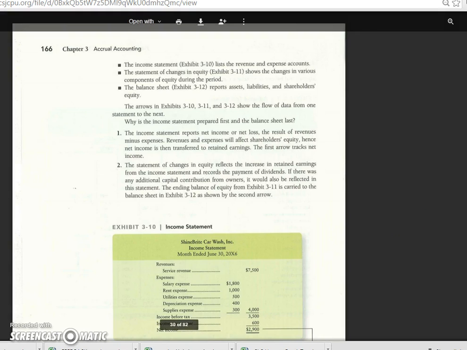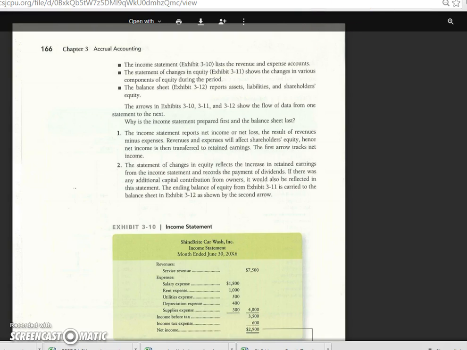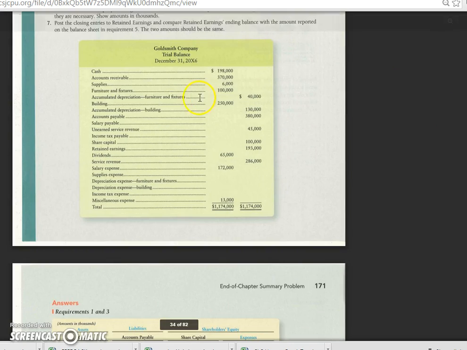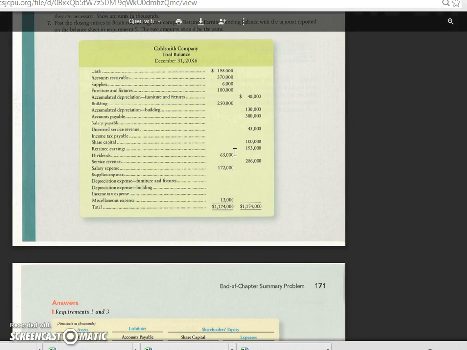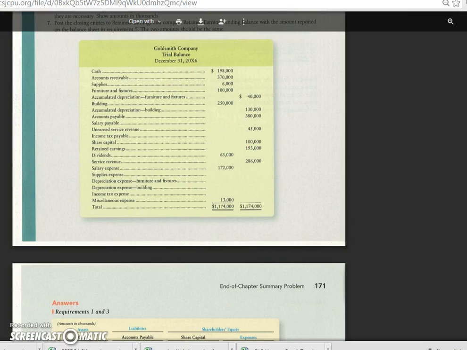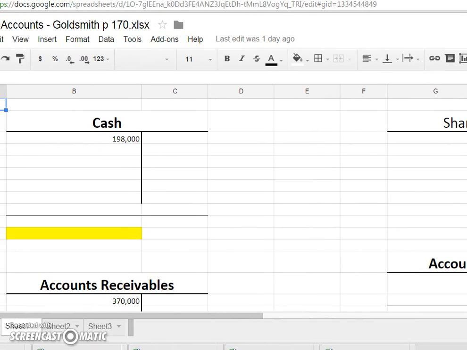What we have to do once we get the trial balance is make adjustments. So first of all, why don't you do this? Take the trial balance sheet, which I'm trying to get loaded here. Take these trial balance accounts, and then let's go back a step and reconstruct the T accounts. So do that, and then you can join us again.